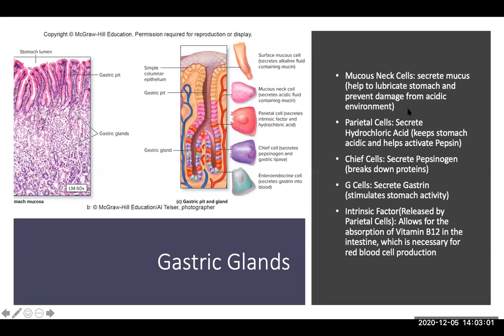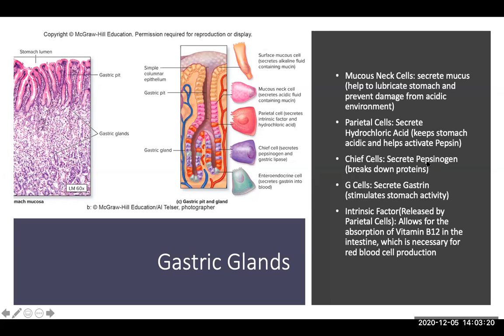Mucus neck cells secrete mucus to help lubricate the stomach and prevent damage from the acidic environment. You should know these different types of cells in the stomach, in the gastric pits. The parietal cells secrete hydrochloric acid, which helps keep the stomach acidic and helps to activate pepsin.